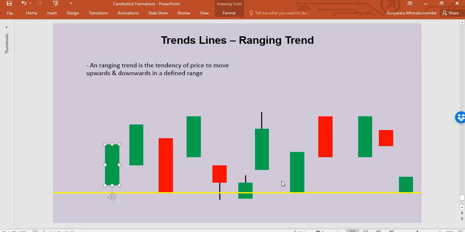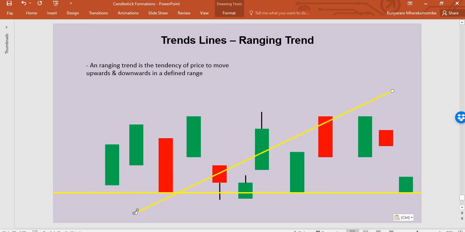Now for a ranging market, it can be red or green candles that I use to look at the trend or the direction of the market. I'm not only looking at red like what I did for an uptrend, or only green for what I did for a downtrend, but I'm looking at both.